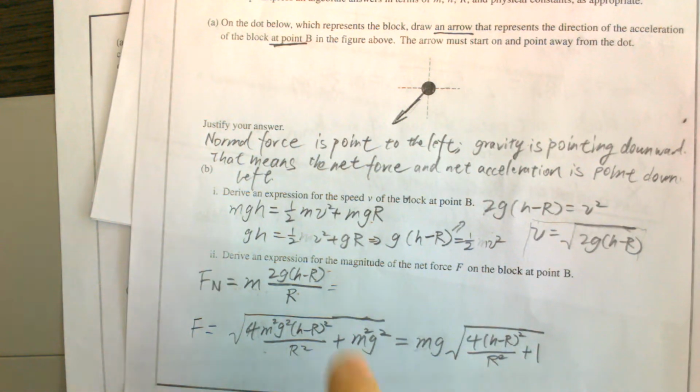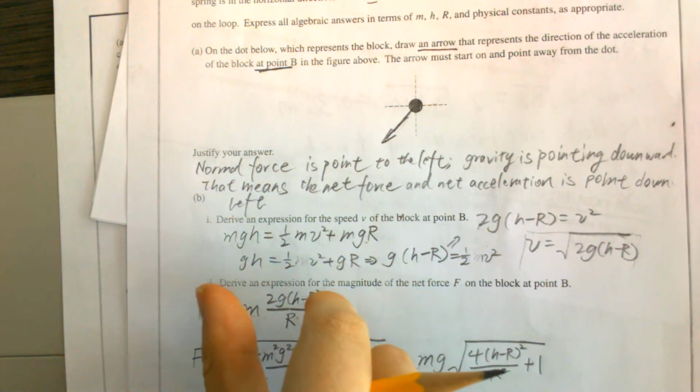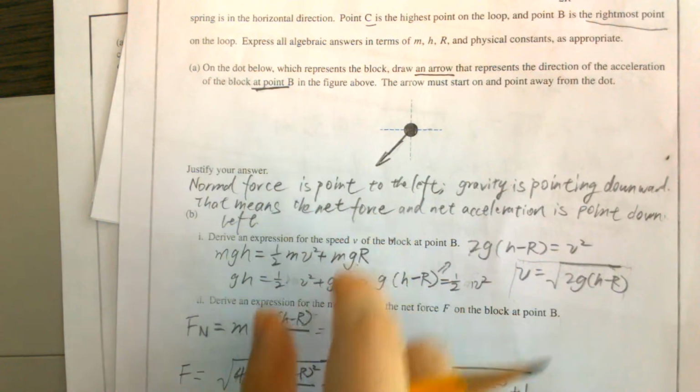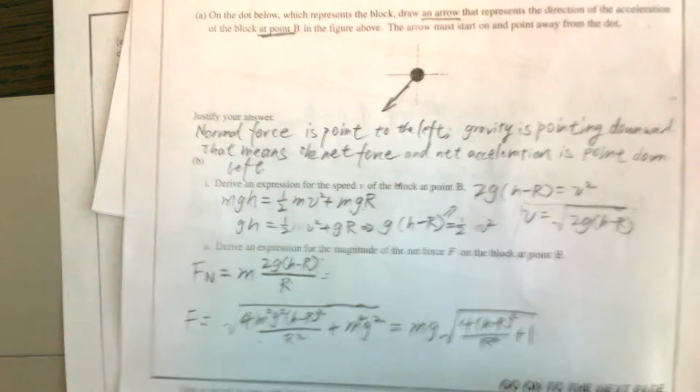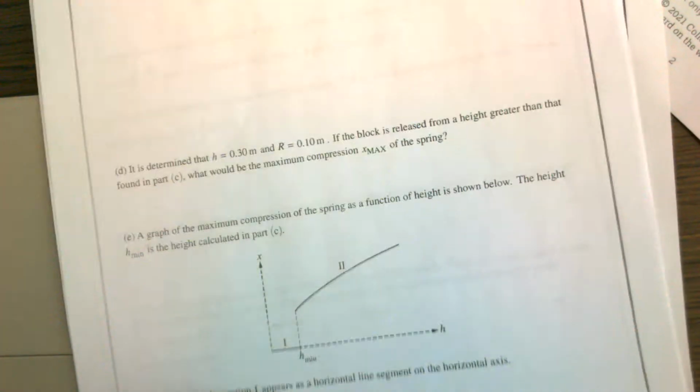Basically, you calculate the value of Fn, then plug it into this equation based on the Pythagorean theorem to calculate the total net force. All right, so that's part B.